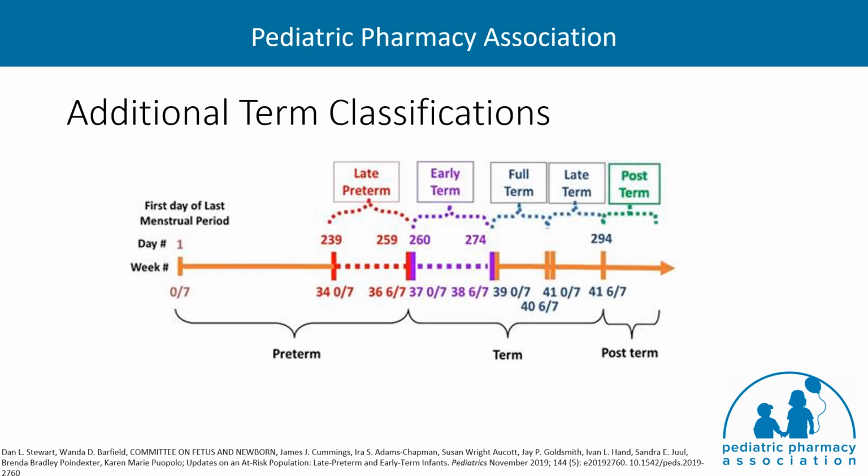Beginning at 37 weeks, 0 days, up until 38 weeks, 6 days, babies born in this period will be classified as early term. 39 weeks and 0 days, up to 40 weeks and 6 days, earn a labeling of full term, while 41 weeks and 0 days, up to 41 weeks and 6 days, is our last section of term deliveries that are labeled late term. Any babies born at 42 weeks gestation and beyond are classified as post-term.